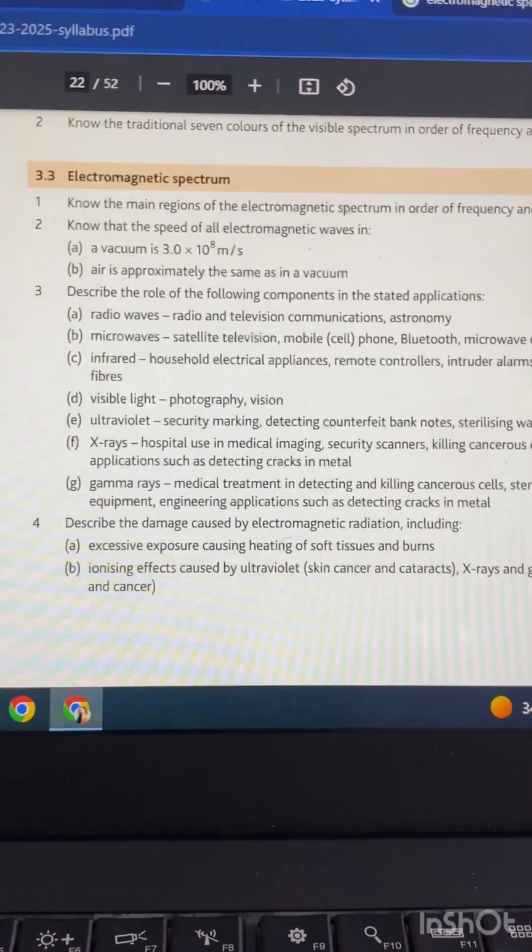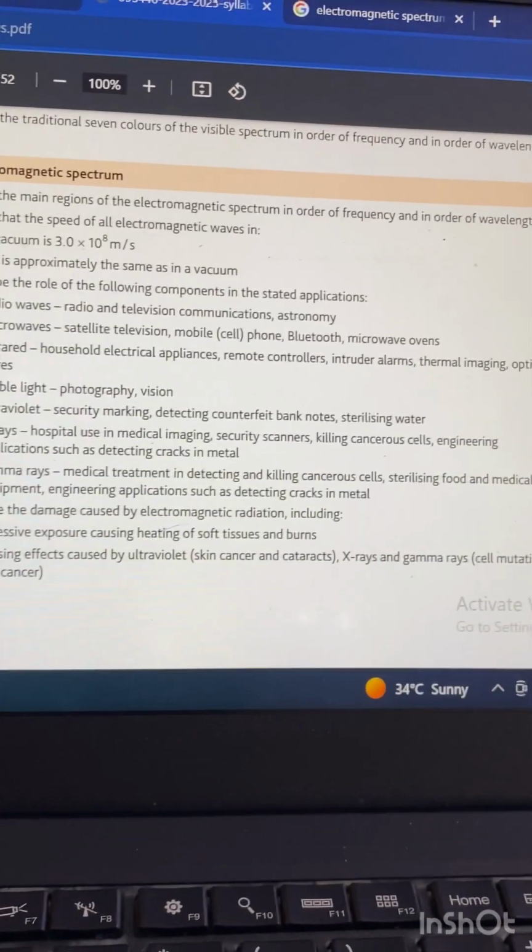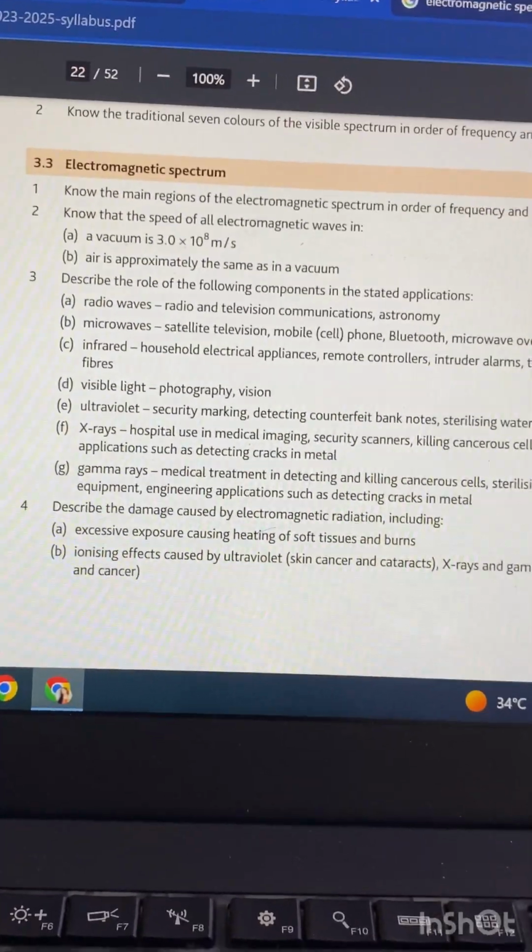So the first point says know the main regions of the electromagnetic spectrum in order of frequency and in order of wavelength. First, let's just write down what the electromagnetic spectrum consists of.